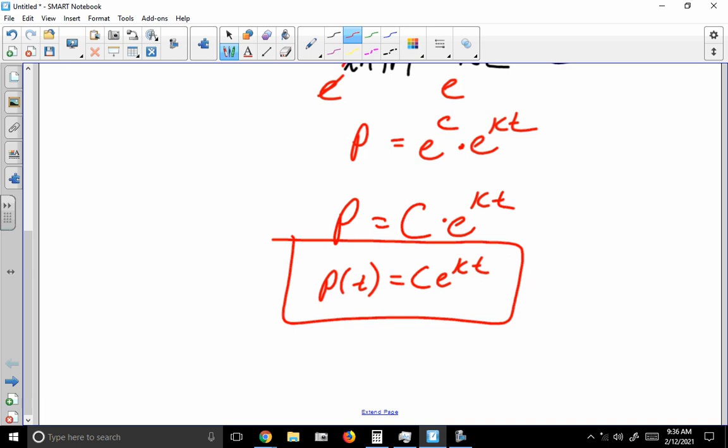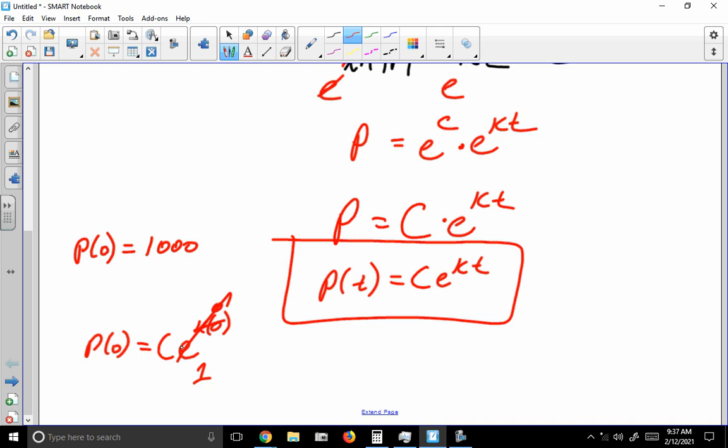Now, often in this situation, we might need to know 2 different data points. If we know the initial amount, let's say we have an initial population of 1,000, then if we substitute a 0 in for t, we would get c e to the k times 0. k times 0 is 0, e to the 0 is 1.